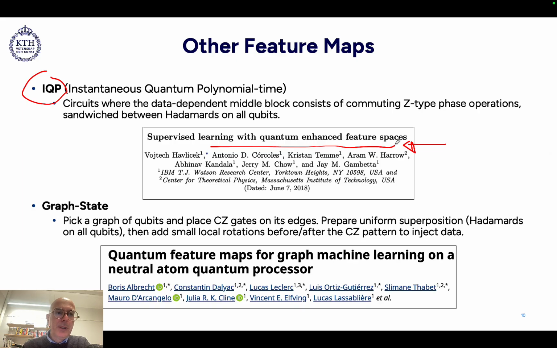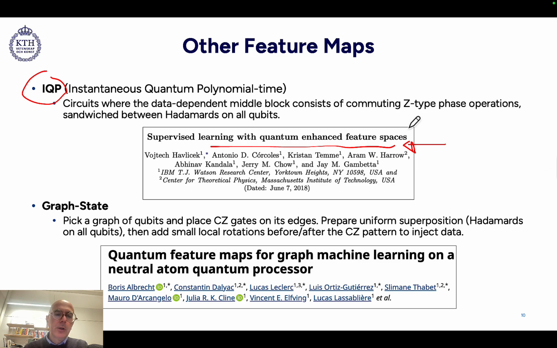So the IQP feature map is a circuit where data-dependent middle blocks consist of commuting Z-type phase operations, sandwiched between Hadamard gates on all qubits. If you are interested in that, I strongly recommend reading this paper here.